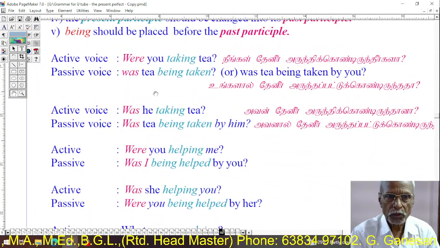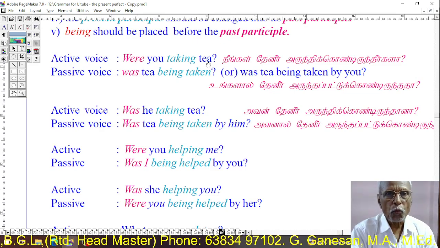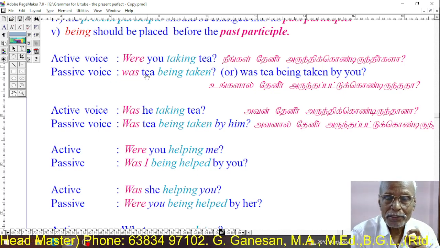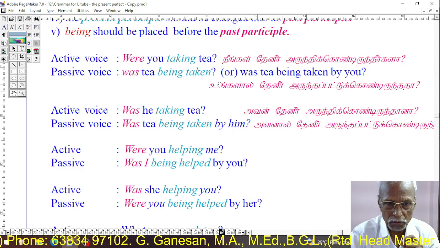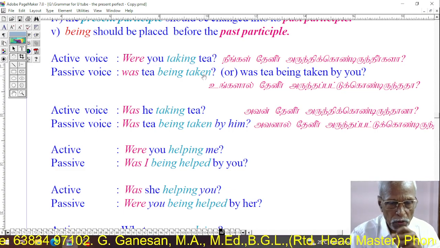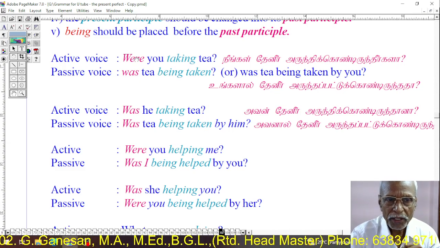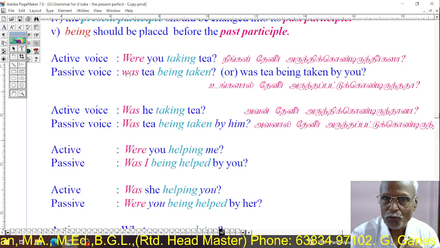You see, why were you taking tea? Then tea is the object, now the subject; "you" becomes "by you". Taking, taken, past participle, being. Here "were" is used with plural "you", here tea is singular, so "was".